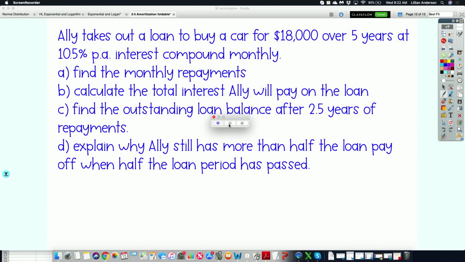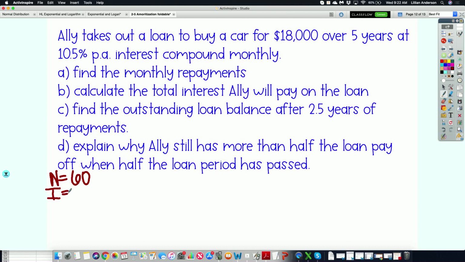Okay, so Allie takes out a loan to buy a car for $18,000 over 5 years at a 10.5% per annum interest compounded monthly. That's a high interest rate to be paying for 5 years for an $18,000 car. But she does it anyway, so we're going to find her monthly repayment. Let's run it down. What is N? 60, because it's 5 times 12.